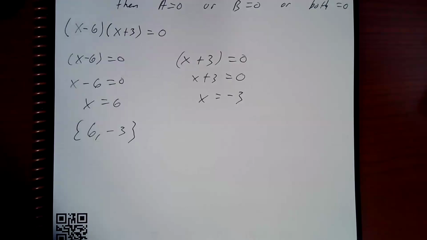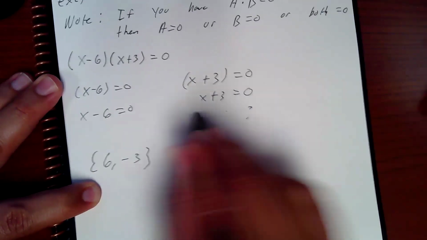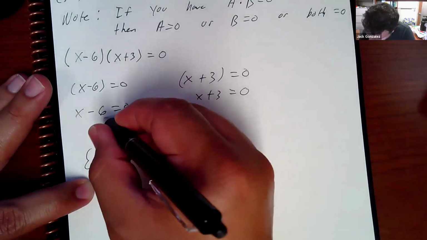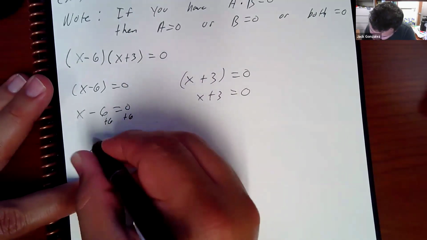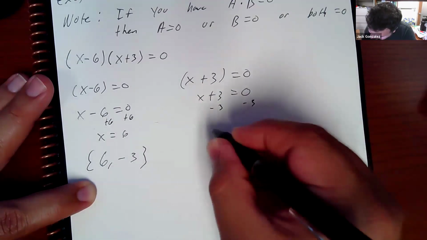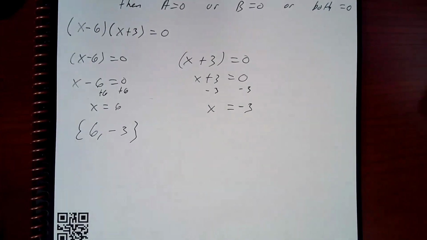I'm sorry, how did we end up with -3? So you do +6, +6, you get to here, -3, -3. I see. Okay, thank you.